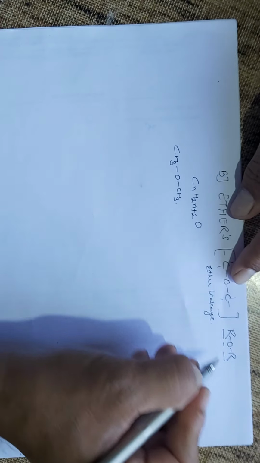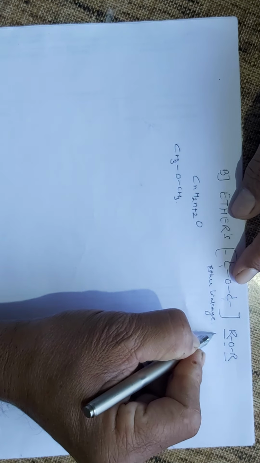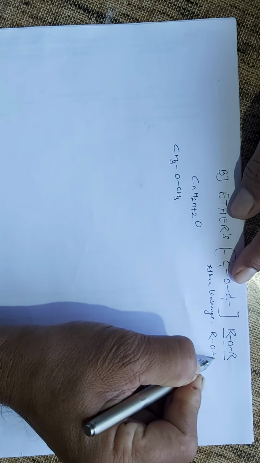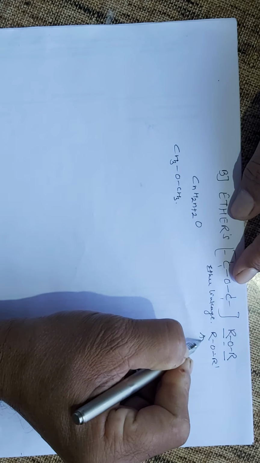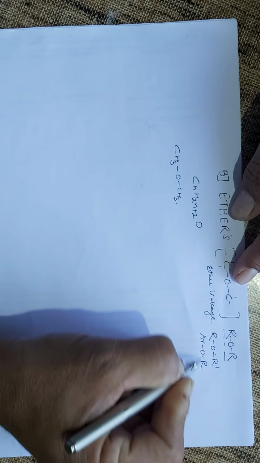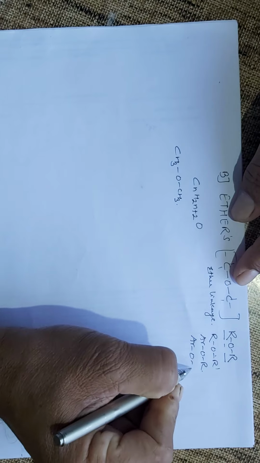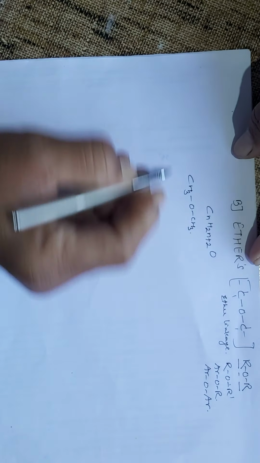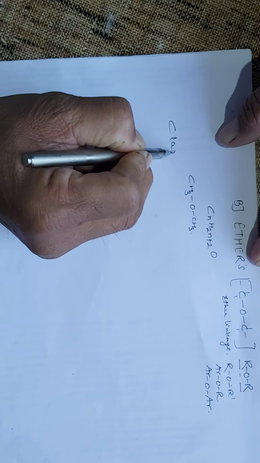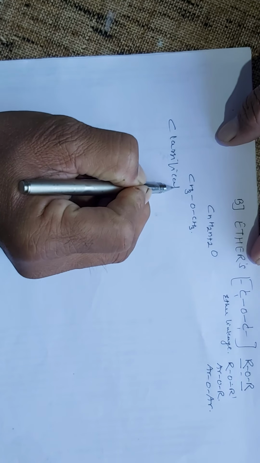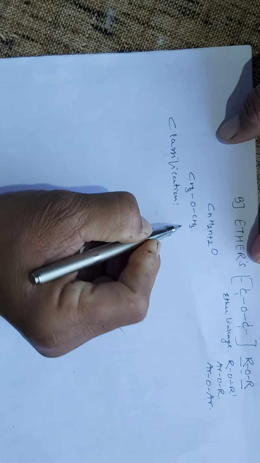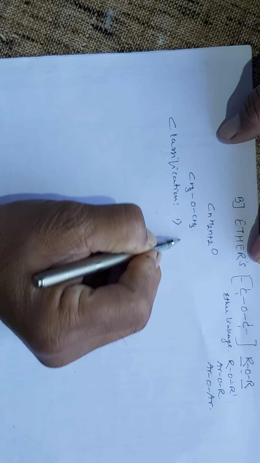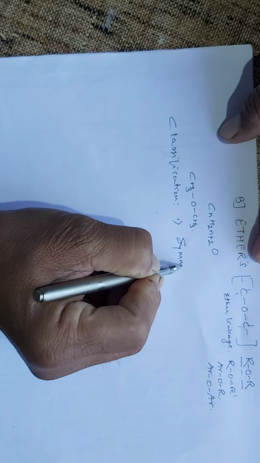They are also better represented as ROR, ROR dash, or ArOR, or ArOAr. This classifies the ethers into two types. The first is symmetrical ethers.